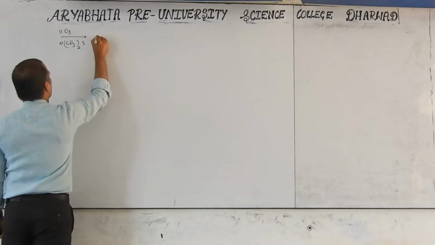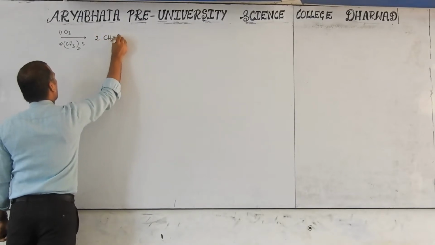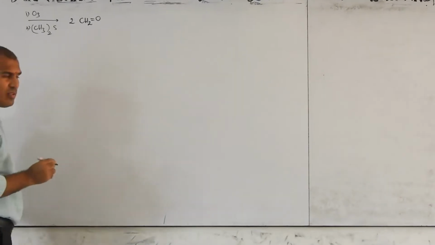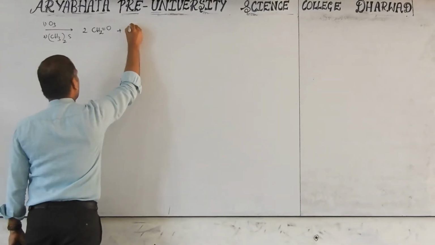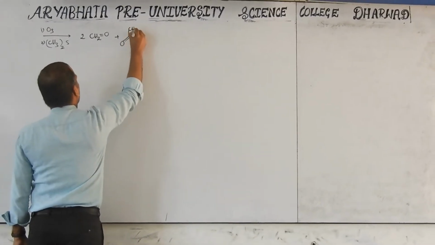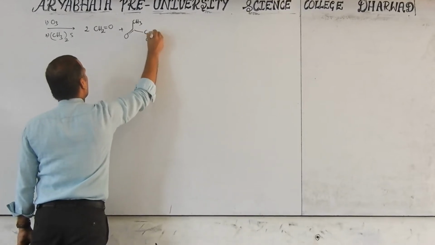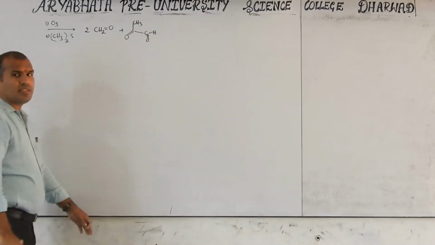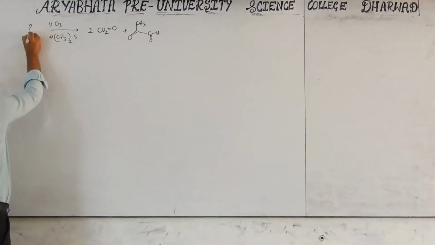Here 2 moles of CH2O, that means formaldehyde, and another one is CH3, C double bond O H. This is the product. Then what might be the reactant?